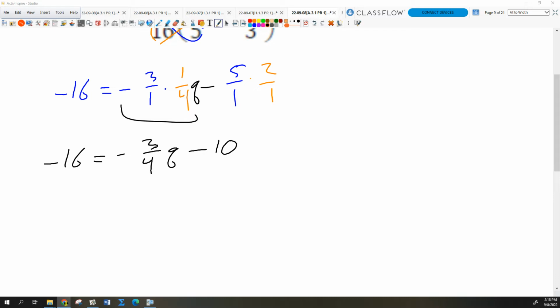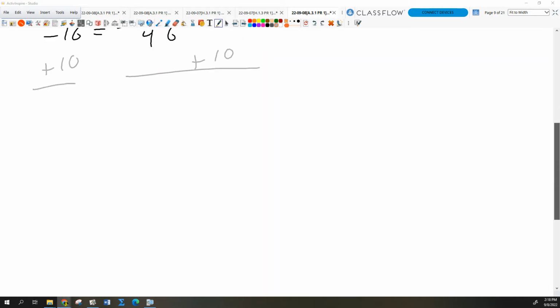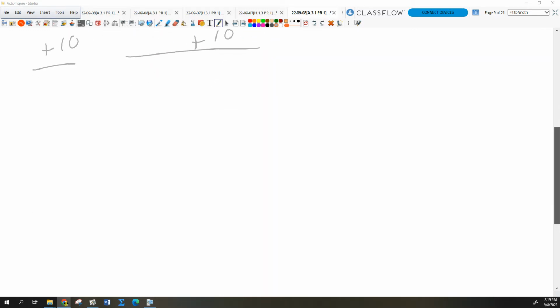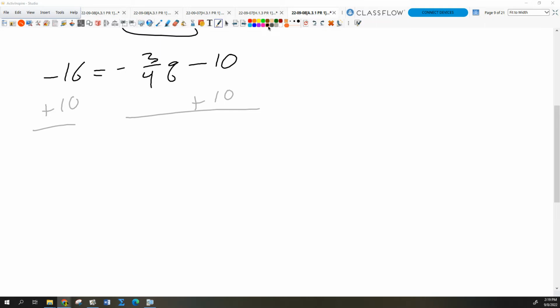Everybody see that? So we could have just added 10 to both sides. And that's giving us negative 6 equals negative 3/4 q.